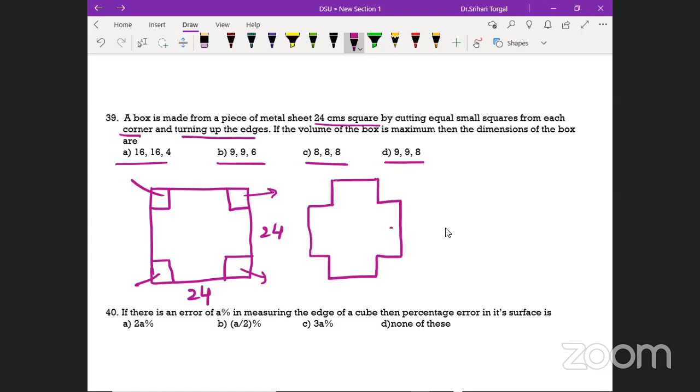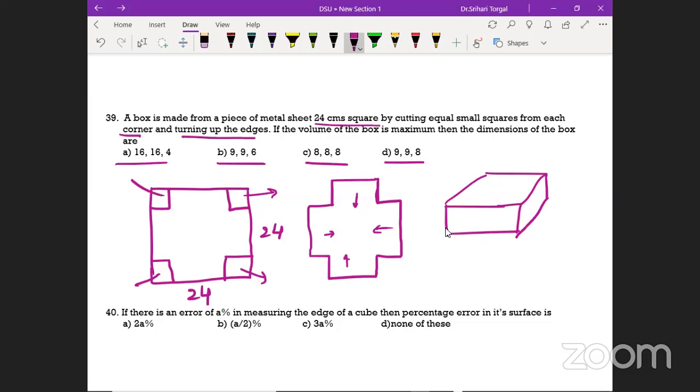And you have to fold this here like this. Fold. Then if you fold inside, you will get a box like this, correct?